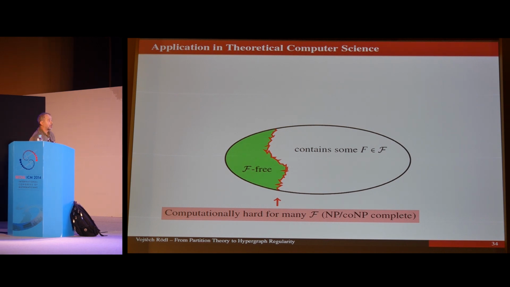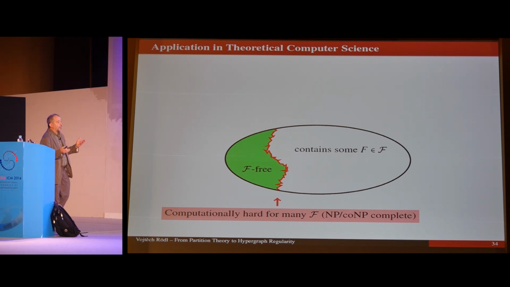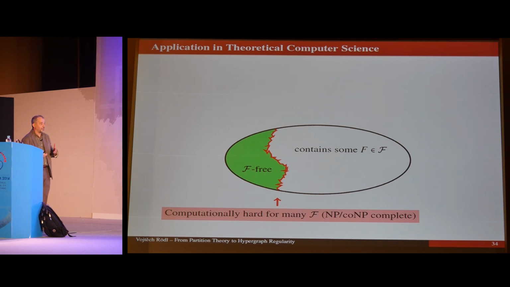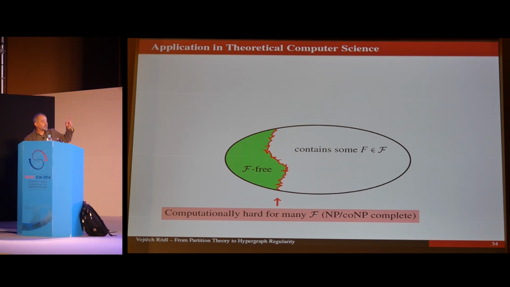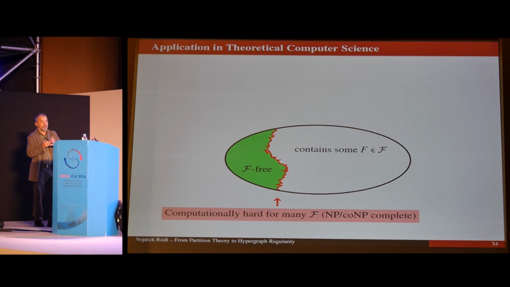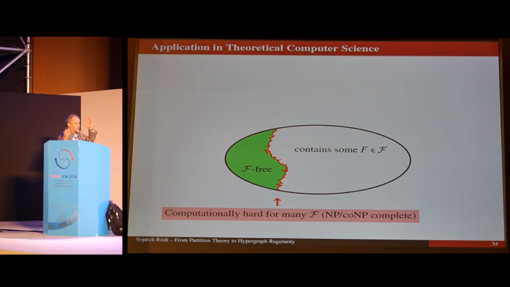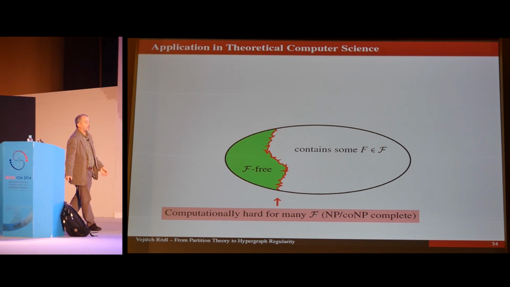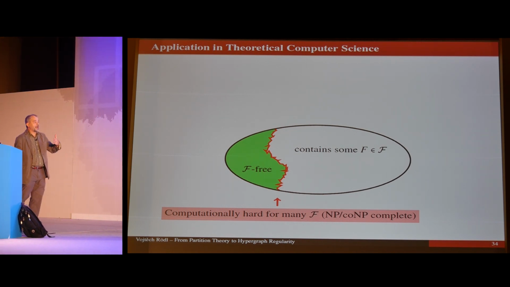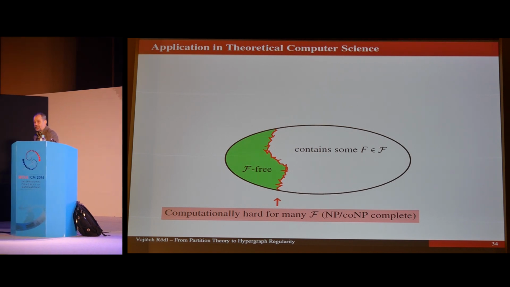So many problems discussed in theoretical computer science can be described as follows. Here, this potato, this ellipsoid, represents for us the class of all graphs. And many problems can be described in terms of some forbidden subgraphs.